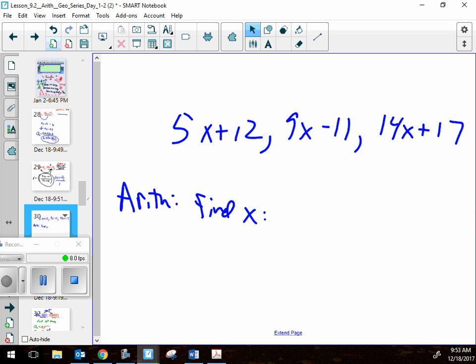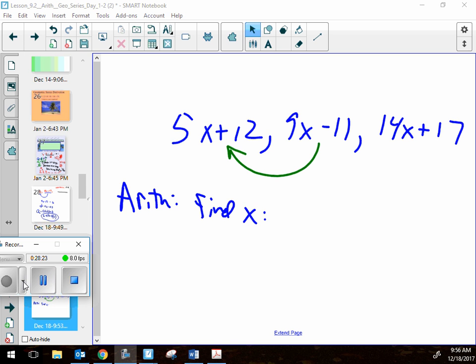No, you'll be able to tell me x has to equal this fraction. If this is arithmetic, find x. Hint, you really just need one big equation. But you can't just go this minus this. That's not an equation. I'll pause for a second while you figure that out.